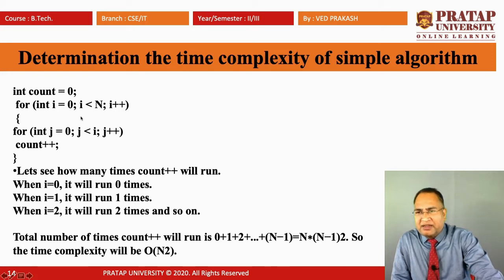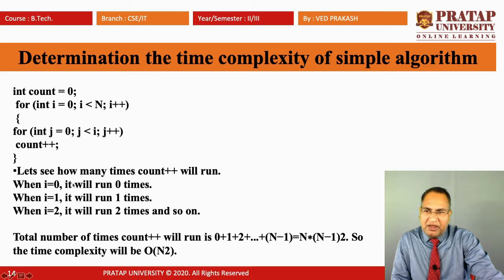Here we are taking simple code to count the number of values. We basically use a count starting at 0 and we apply a loop. This loop is known as the outer for loop, and we use an inner for loop to get the increment in the value of the count.